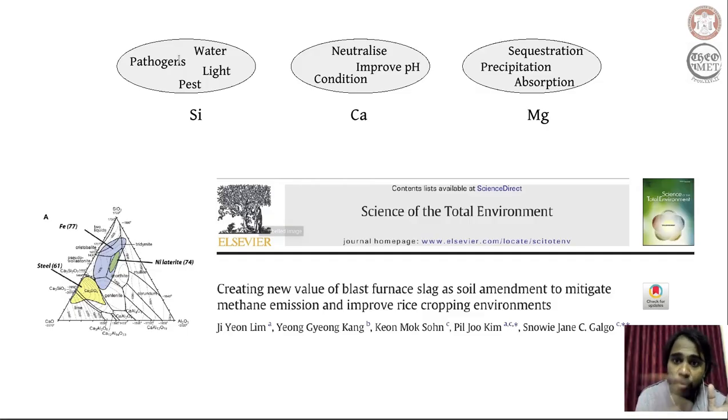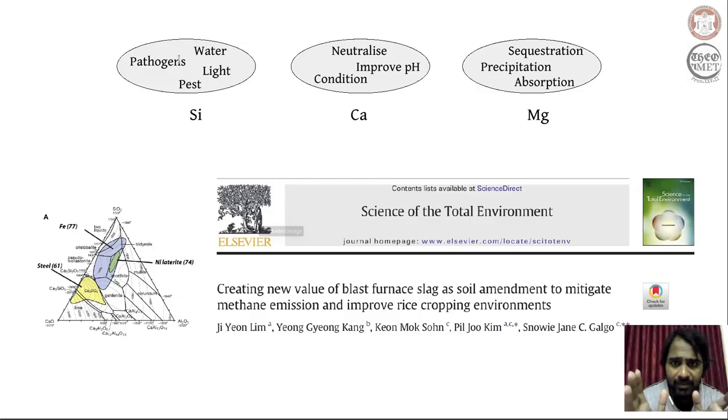They compare the productivity over 28 years and find that the land where blast furnace slag is used as a fertilizer has an increased productivity of 14% when compared to the other piece of land. So there is a 14% increase in the productivity.